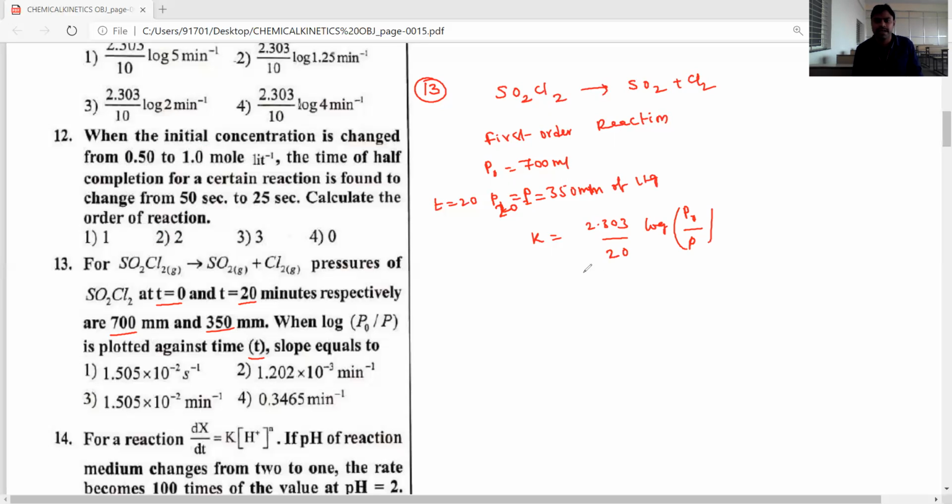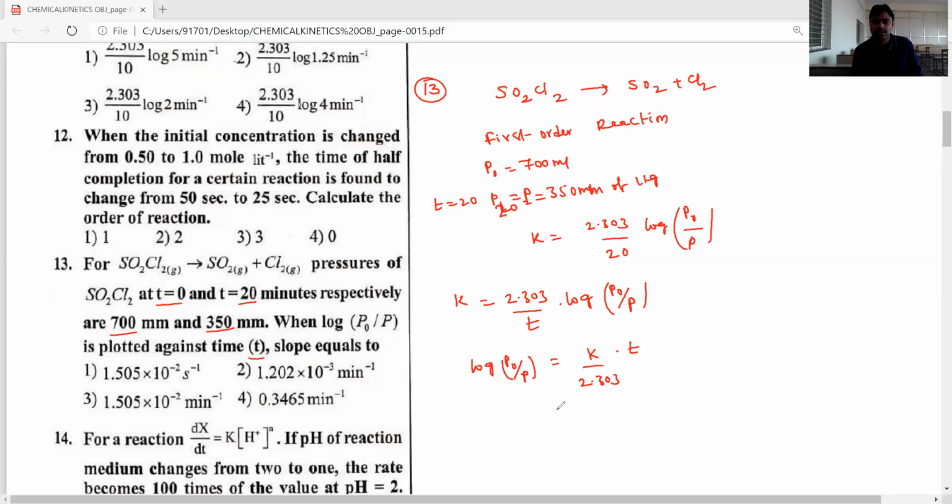Actually, no need to use these values now. This is one formula. The general formula is k is equal to 2.303 by t into log P naught by P. We have to make a graph between log P naught by P, which is equal to k into t by 2.303.